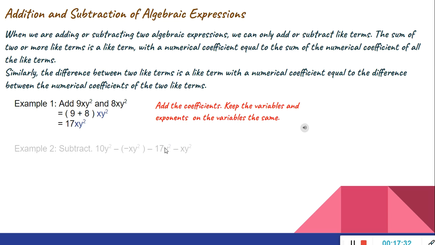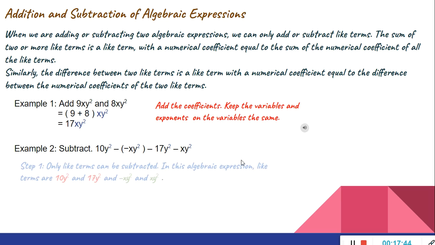Now second, subtract 10y square minus xy square from 17y square minus xy square. First step, only like terms can be subtracted, isn't it?